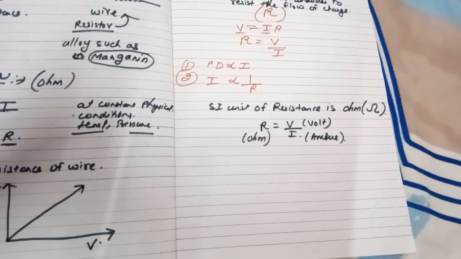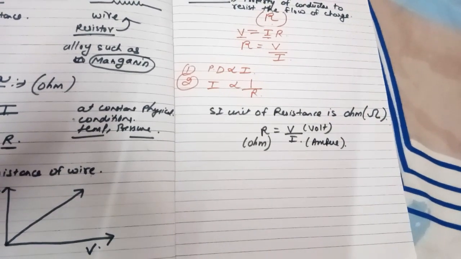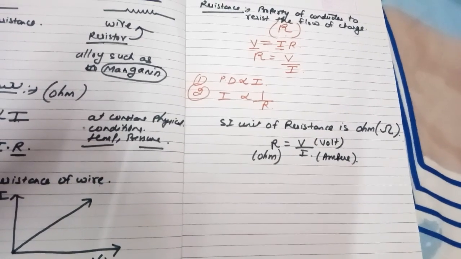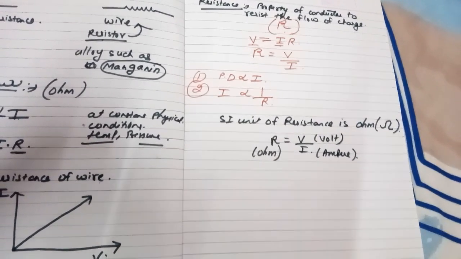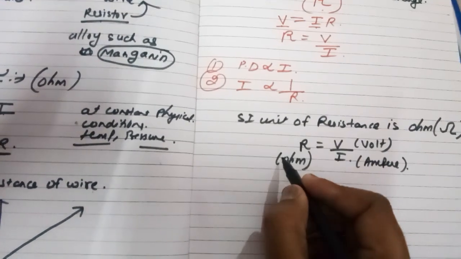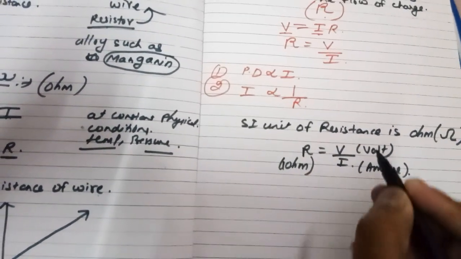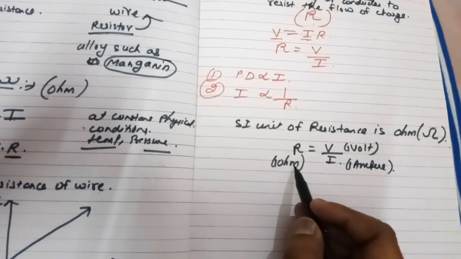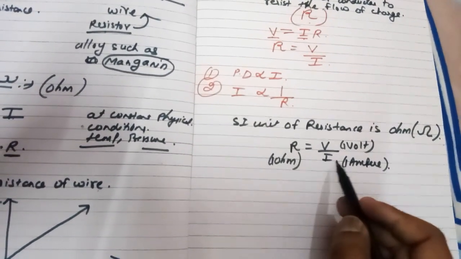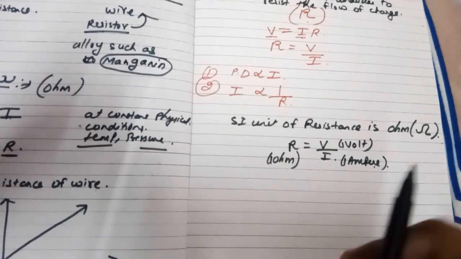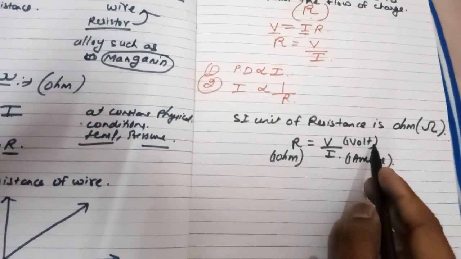We discussed in the previous video how we find the value of 1 ohm. So 1 ohm is the resistance when the current flowing through the conductor is 1 ampere and the potential difference between two terminals is 1 volt.